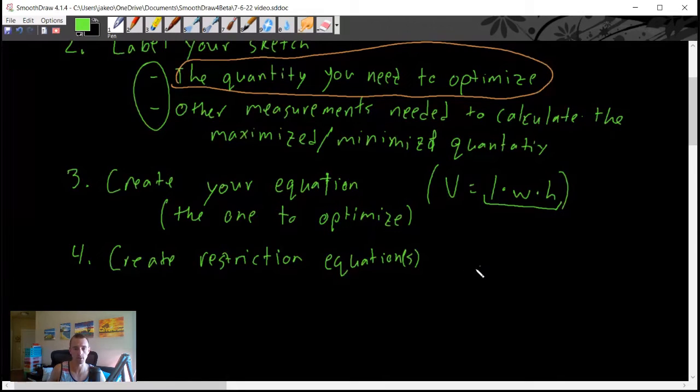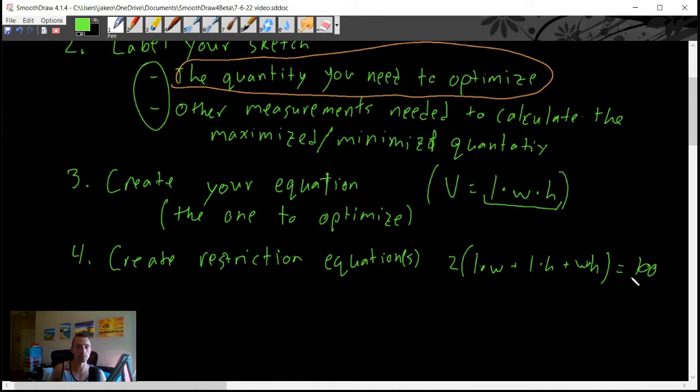So we would end up with length times width plus length times height plus width times height, all that times 2 to account for all the surfaces of our rectangular prism, has to add up to some certain number. Let's just say we have 100 square centimeters of cardboard. I made that up randomly, but that's an example of a restriction equation. It relates these other quantities, the ones that are not the quantity you're trying to optimize, and how they're restricted.